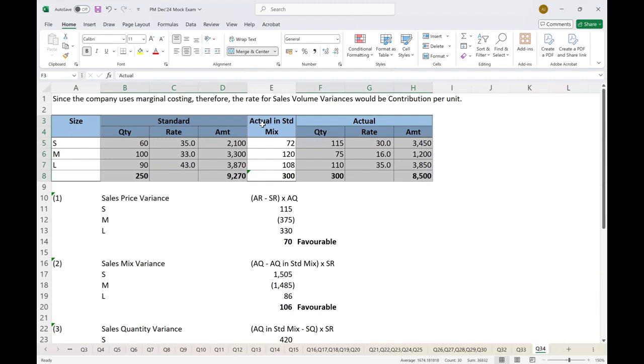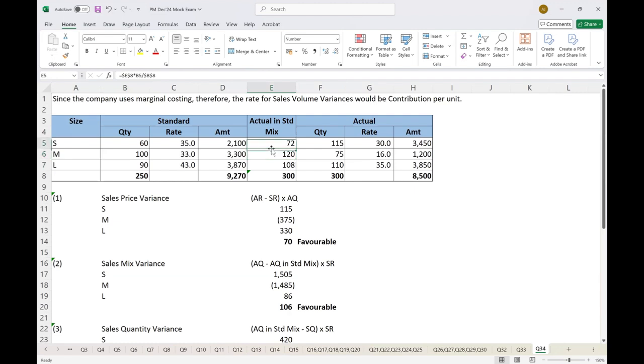Now there is one column in between, and that is actual in standard mix. What it means is the total sale that you have done is 300 units. Now you need to split these 300 units in the standard ratio, which is given to us over here, 60, 100, and 90. So take a look at the formula. 300 I have to split, right?